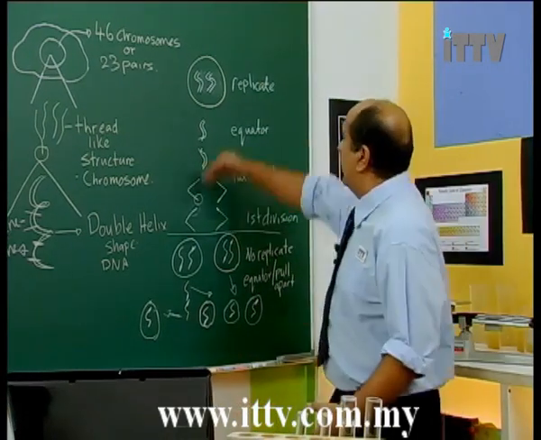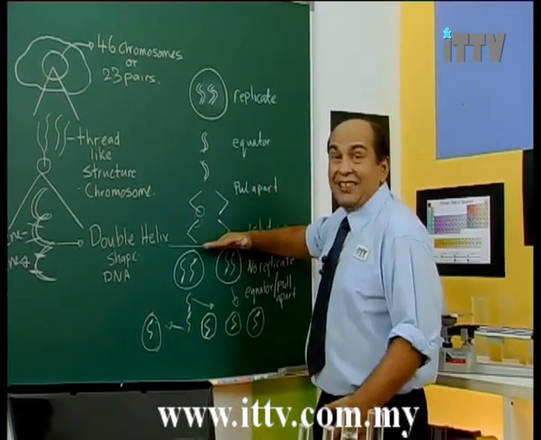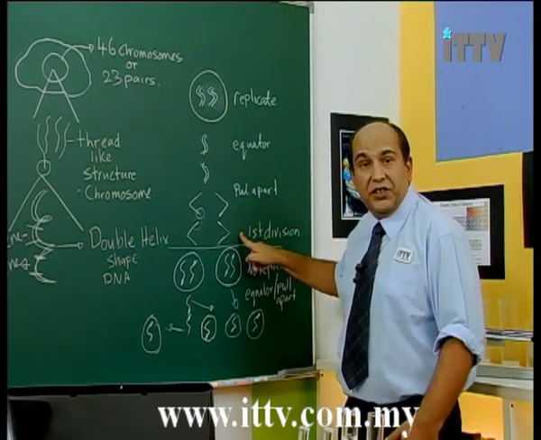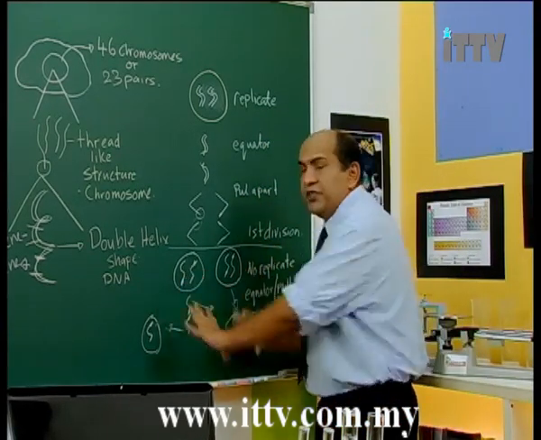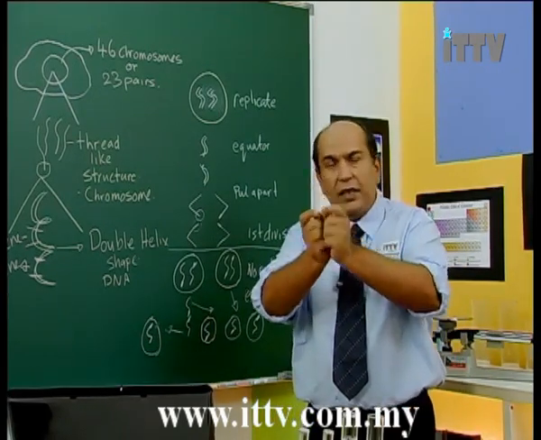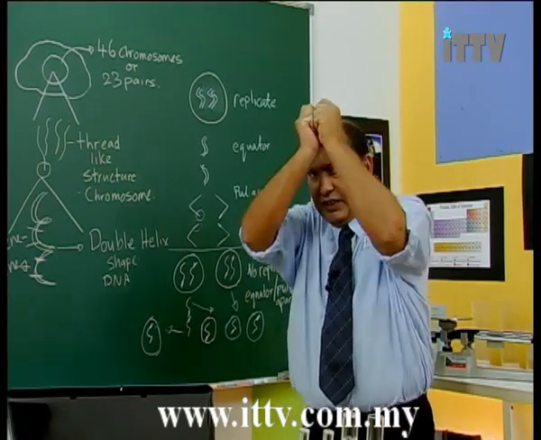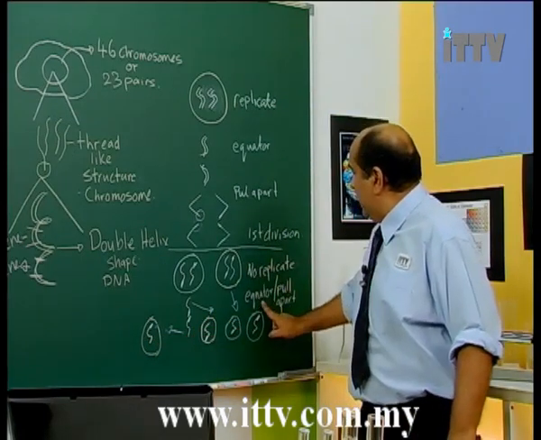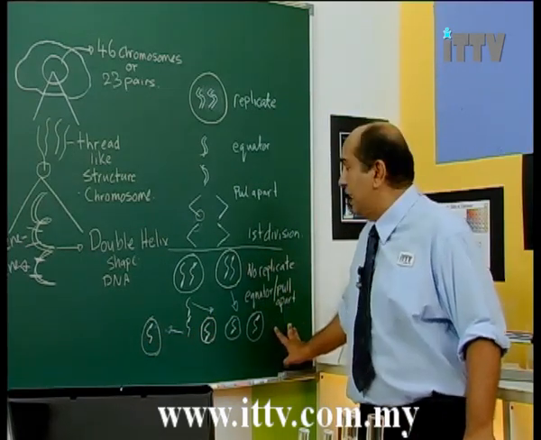Let's go over what we did. In the first step, we replicate, equator, pull apart. That's the first division. In the second division, we don't replicate. So what we're doing is we're taking the 46 chromosomes and just dividing them into 23. So no replicate, just the equator, pull apart, two new cells.